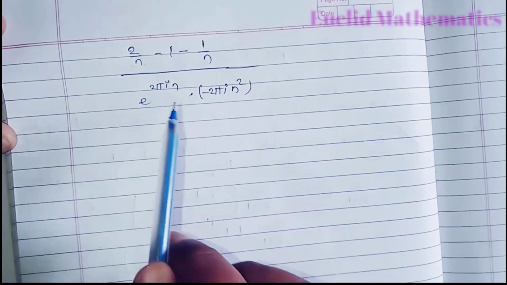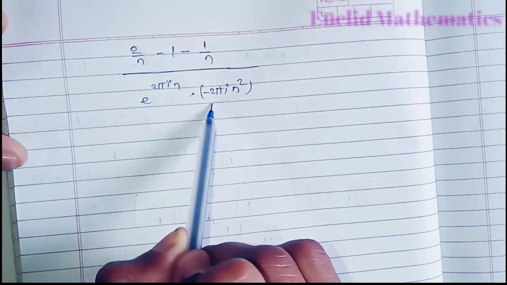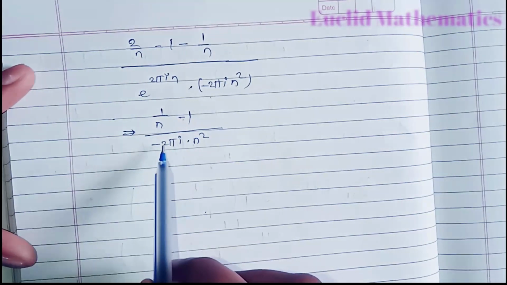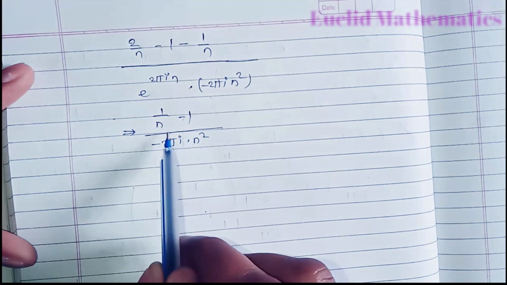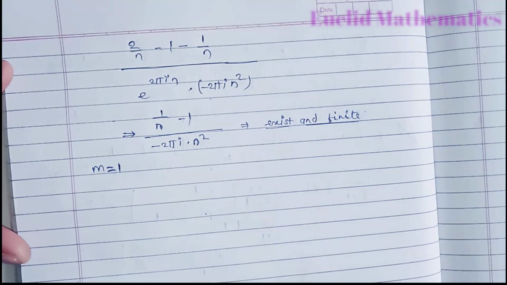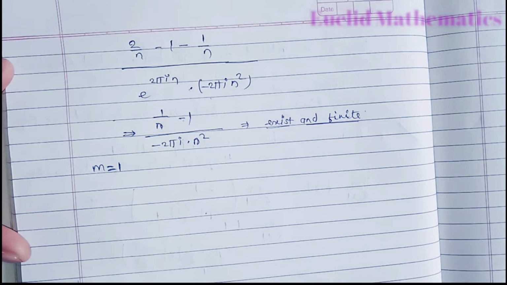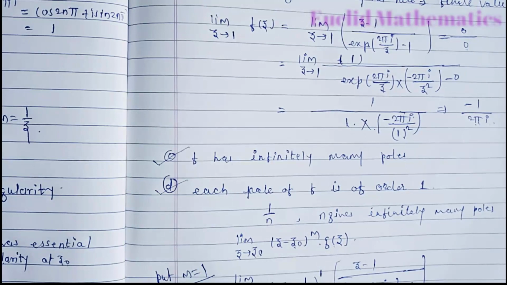After solving these steps, we get 2 by n minus 1 by n upon the differentiation of the denominator, which after calculation gives 1 upon n minus 1 divided by minus 2 pi I into n square. We can see that this exists and is finite for different values, which shows f has infinitely many poles and each pole is of order 1, that means a simple pole. So option C and option D are both true.